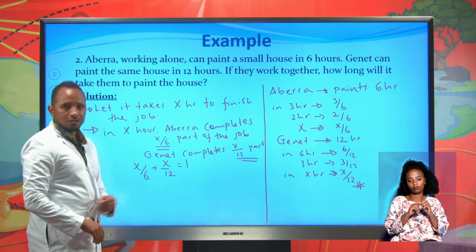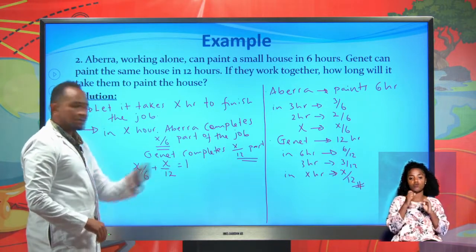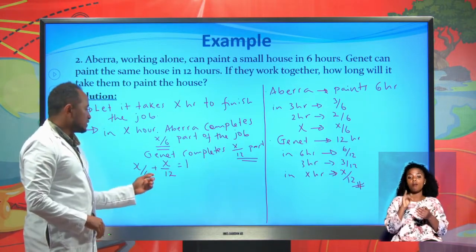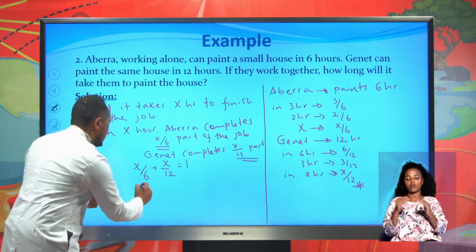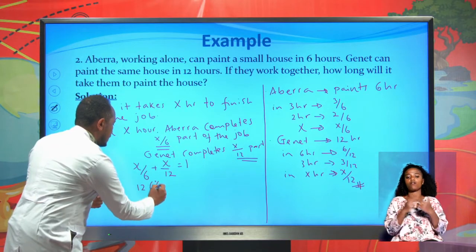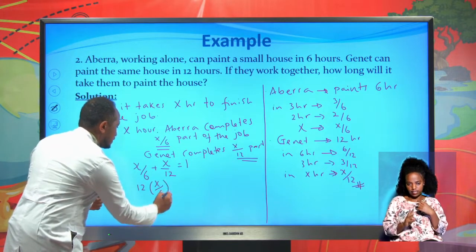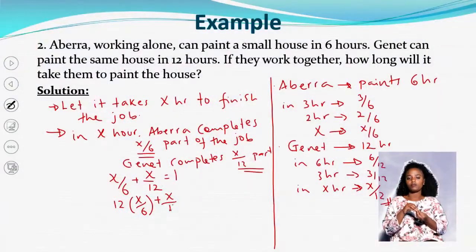So this is a rational equation. You can multiply it by the LCM. The LCM of 6 and 12 is 12. Multiply the expression by 12: 12 times x over 6 plus x over 12 times 12 is equal to 1 times 12.